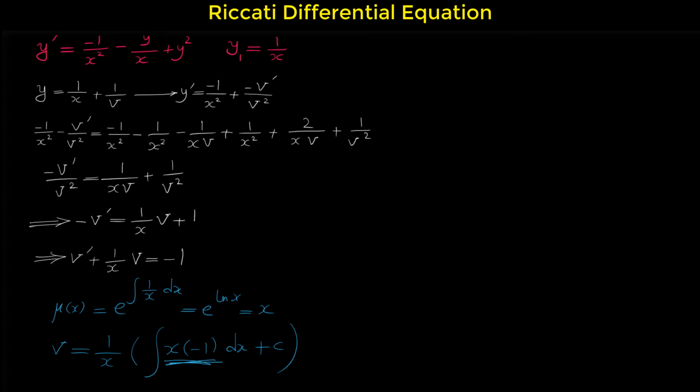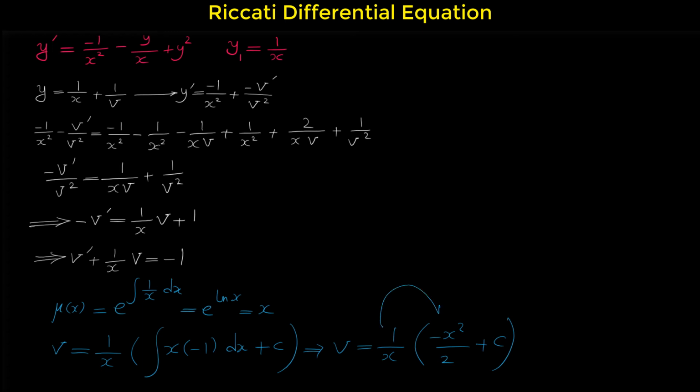The integral of negative x is negative x² over 2. So from here, v equals 1 over x times negative x² over 2 plus c.